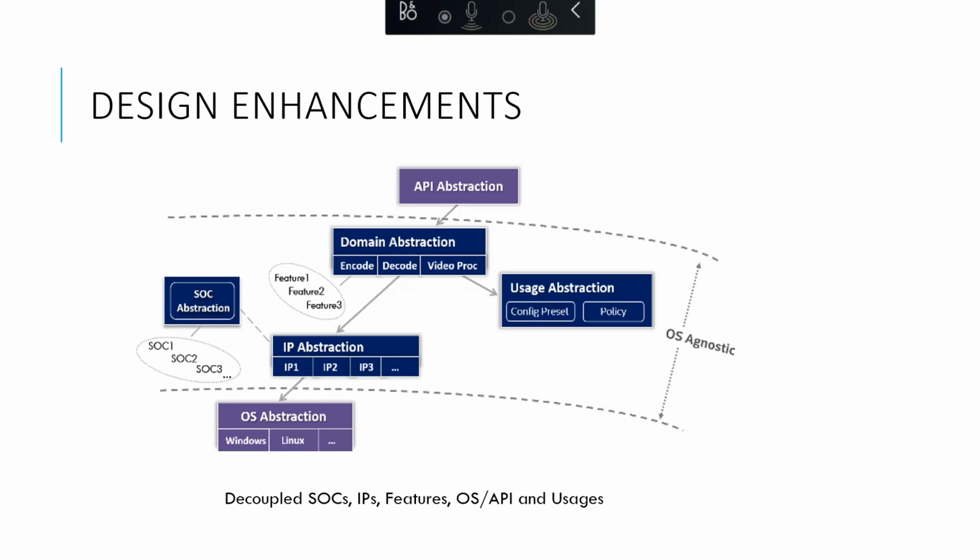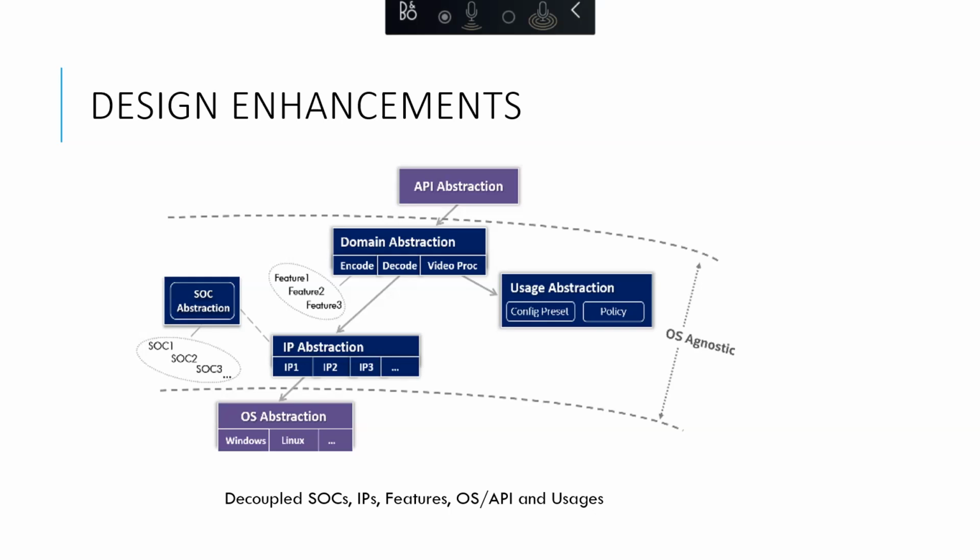Firstly, at the center of this diagram, we have more than 85% of our logic shared between different API and OS. Then inside this big OS-agnostic part, we have some domain-specific abstraction.